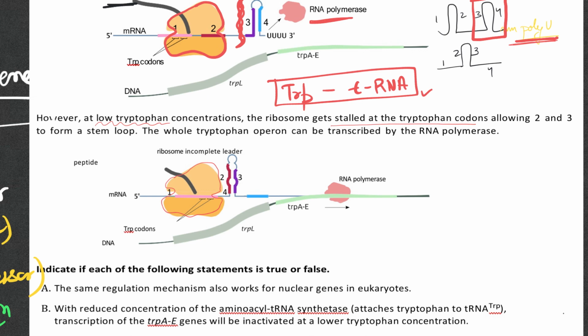So when this 1 is busy, 2 and 3 can form a U loop. So 2 and 3 have formed a loop, and if 2 and 3 form a loop, 3 and 4 cannot form a loop. I cannot have a termination signal.